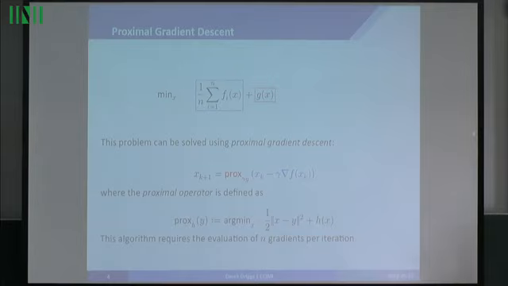And solving this problem actually isn't too difficult. Because the f sub i's are all smooth, we can compute their gradients, thanks to our friend on the wall here. For the non-smooth term, it's a little trickier. But if we introduce this prox function, we develop this algorithm called proximal gradient descent, and we can solve these problems with relative ease.